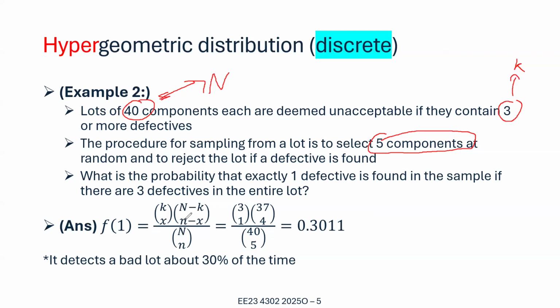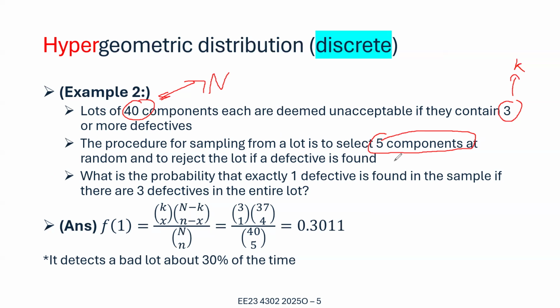Small n here is the sample we take, 5, and we suppose that those 5 are in one block, one part.